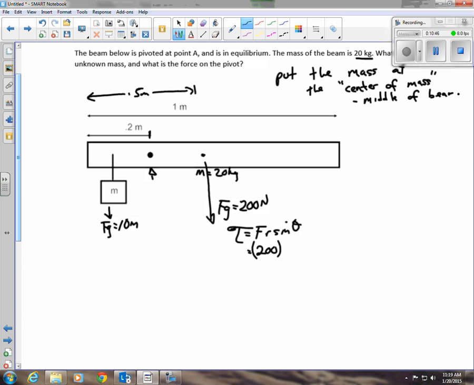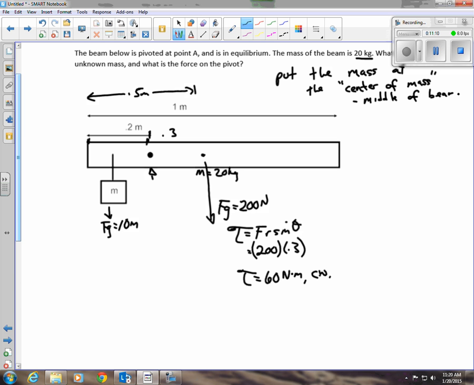And then since from here to here is 0.2, this has to be 0.3. So times 0.3. I don't have to worry about the sine theta because they're at right angles. So here I'm going to have the torque equals 60 newton meters. And that one is trying to make it turn clockwise.